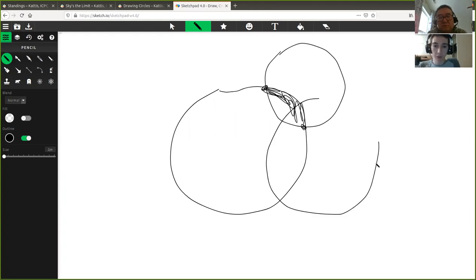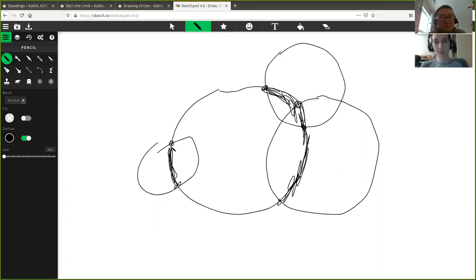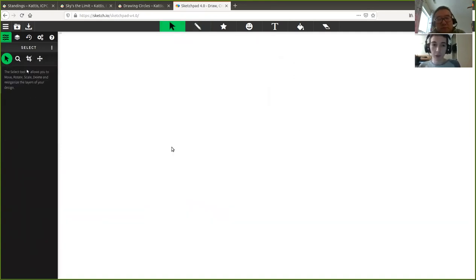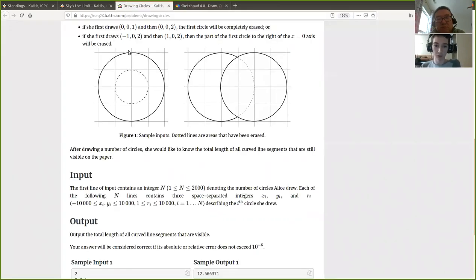And then for this future circle, we say these are the two intersections, so then this segment is erased. And again, for every circle that comes after it, we suppose that we have all of these segments. I can discuss in more detail how to compute these segments. But we're just going to assume that for each circle we have the segments that are erased from future circles.